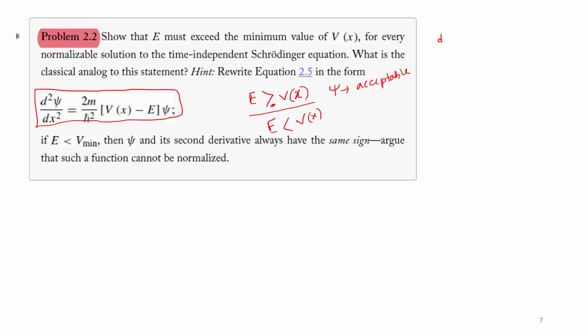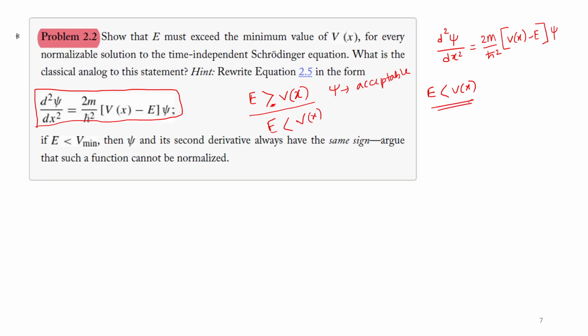So we have d2 psi dx square is equal to 2m by h cut square, V of x minus E, psi. Now, according to the hint, suppose E is less than V of x, then what could have happened?